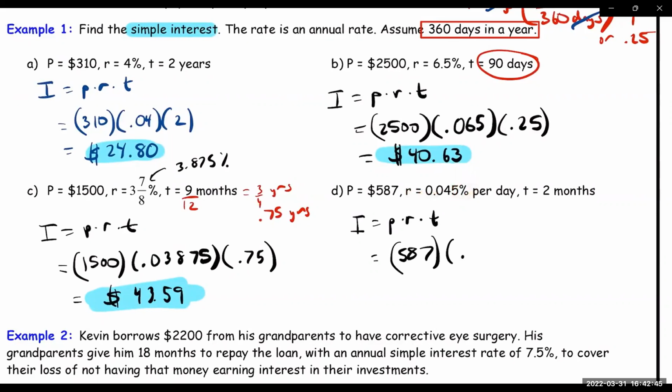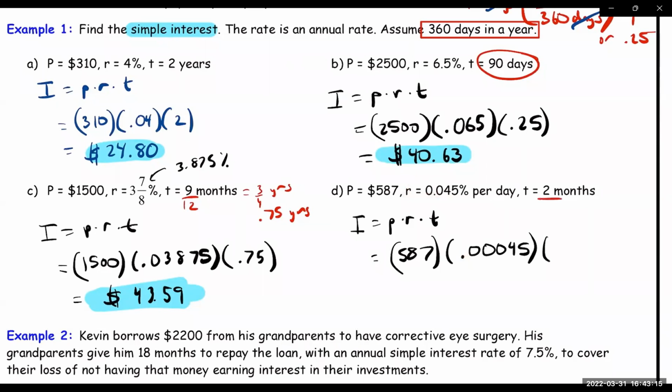So this is going to be 0.00045. So it's 3 zeros after the decimal, and then 2 months.